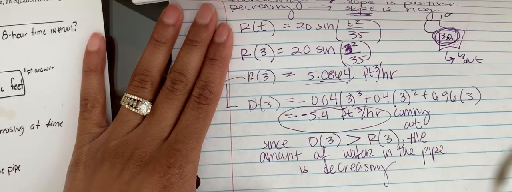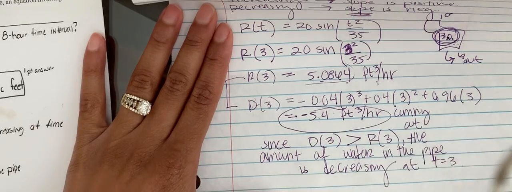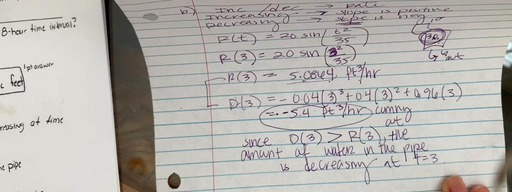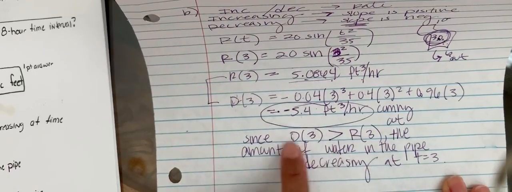And then let's look at t equals 3, okay? So that's how you answer that question. The water in the pipe 30, more is coming out. So we just looked at the rates.